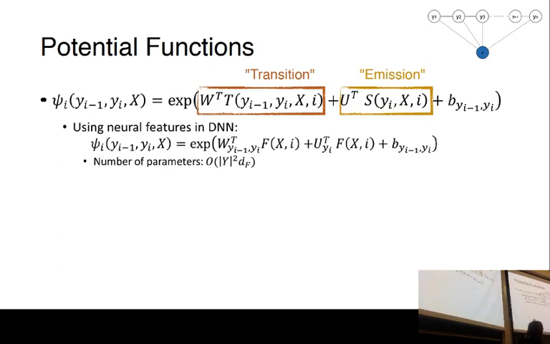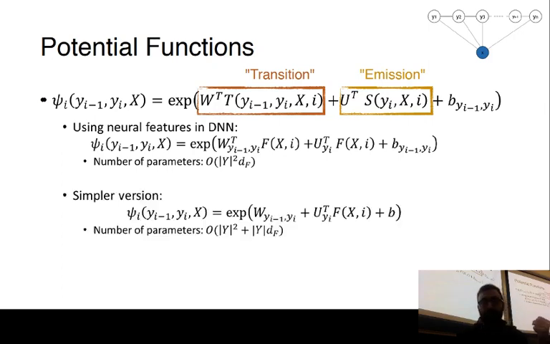So basically, again, we have a weight matrix W for the transitions, times the F, the function that is conditioned on the input. And then we have the emission probabilities, again, that is some F conditioned on the input. So these Fs are the ones that we will learn using the neural net.